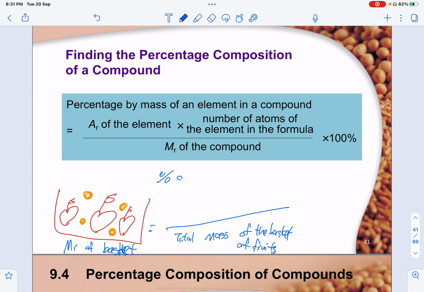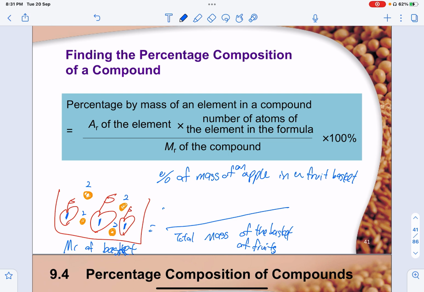And of course, if you want to find the percentage of mass of apples, the percentage of mass of an apple in a fruit basket, it will be equal to the AR, so it's the mass of the apple. So let's say each apple has a mass of 1 gram, and the orange is 2 grams. So what we can see is how many there are.